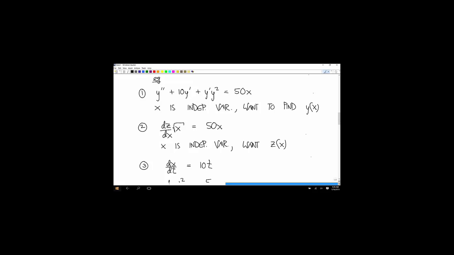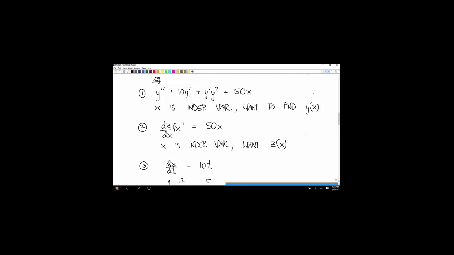Okay, so in this one, the independent variable is x and the dependent variable is y. Can we express this as a derivative? Well, this is a second order derivative. Let's forget about that for now. We could deal with that step by step, but let's go to these two.